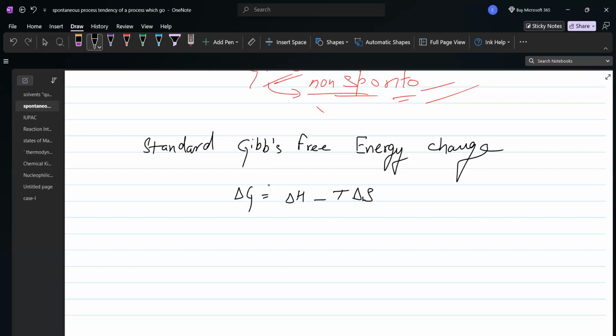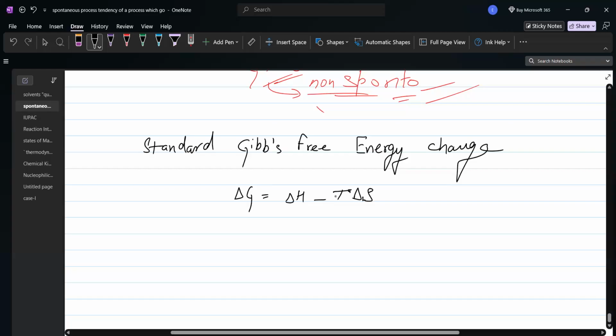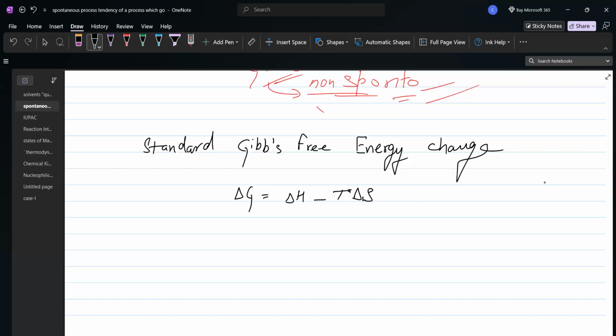Some will say no, it is not going on, it is not spontaneous. Why? Because it is dependent on temperature, right? You can see in this equation also, we have discussed that at a particular temperature a reaction can be spontaneous, and with a change in temperature it can be non-spontaneous, right? We have discussed this, right?